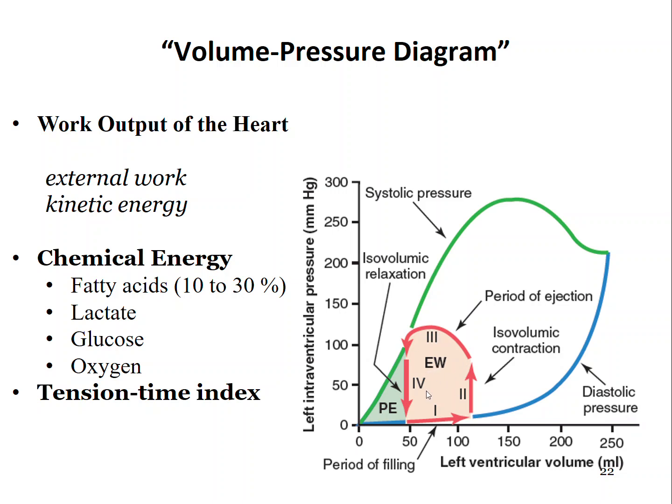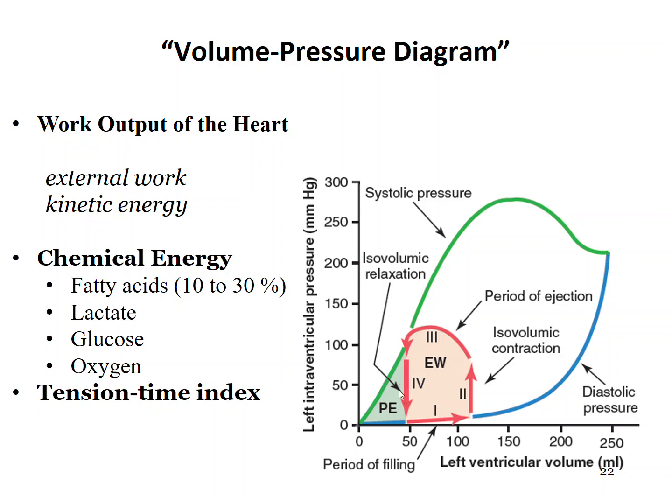By increasing the heart pumping function, we can extend this area to the right by increasing the end diastolic volume, or by increasing the heart contractility, which brings this area up. And also we can use this amount of potential energy, which is the blood that's remaining in the heart after systole, which we call the end systolic volume. Also we can extend this area to the left and use this potential energy.